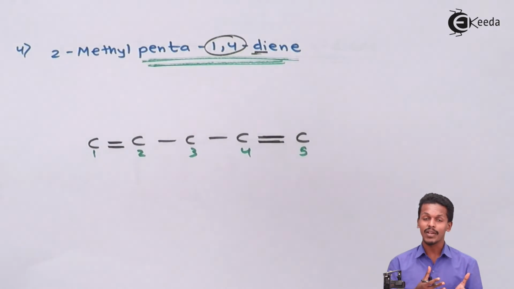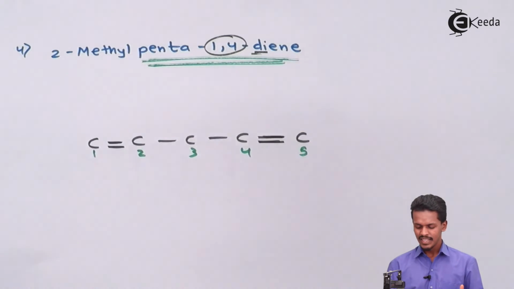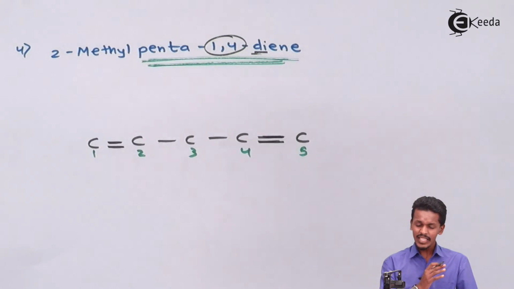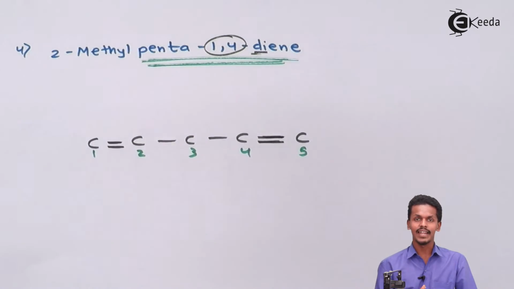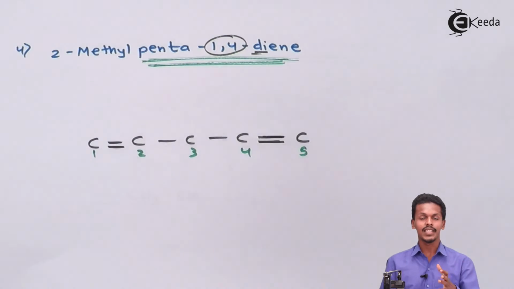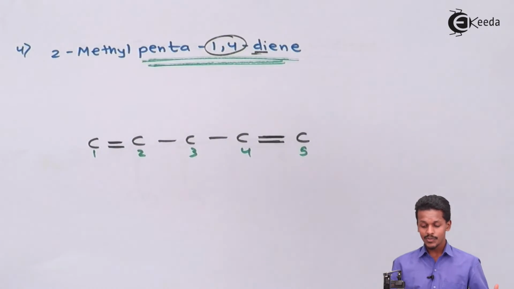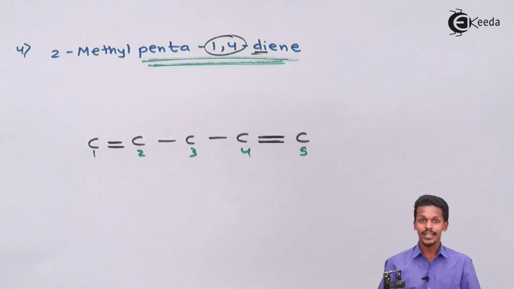Or we could say in this manner also that the double bond is present between carbon number 4 and carbon number 5. In IUPAC nomenclature we have studied that we number it first, and that will indicate the position of the carbon-carbon double bond. So this work has been done, but it is not yet complete.